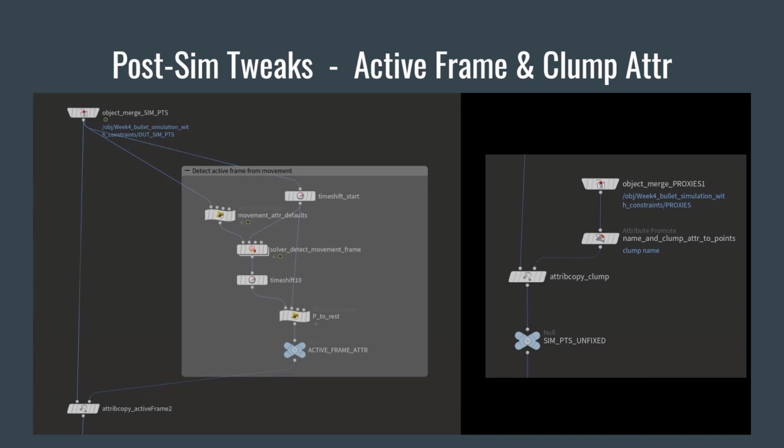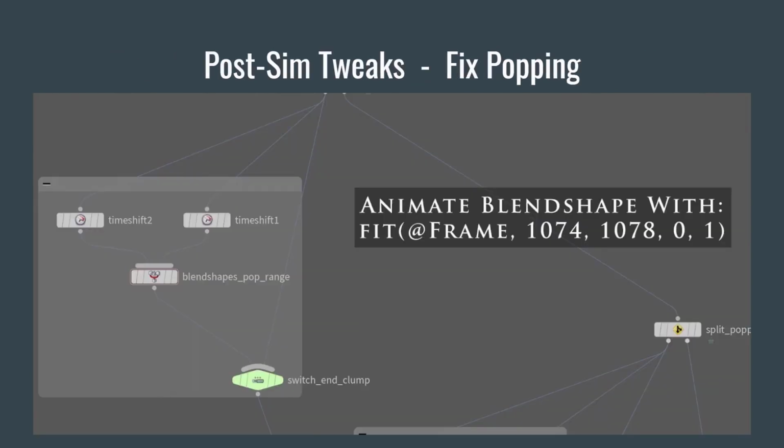our moving simulation points. Now, after we've figured out our active frame, you may want to fix some popping or jittering with a simple blend shape.